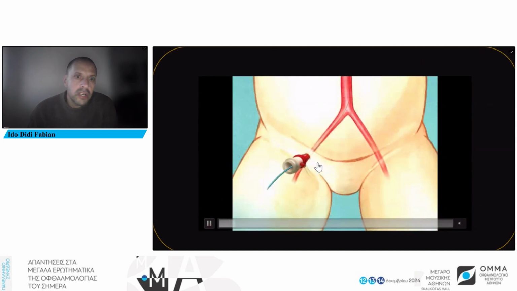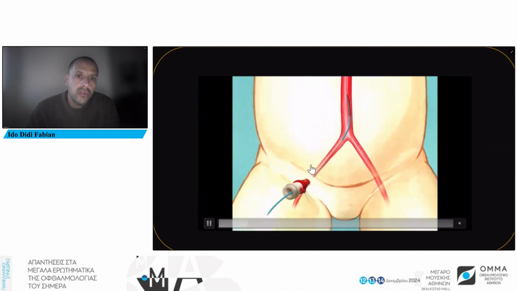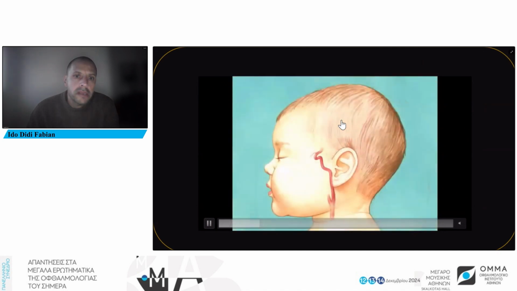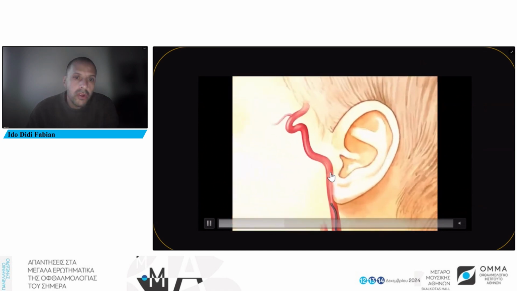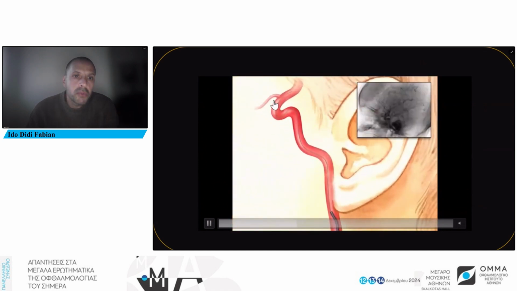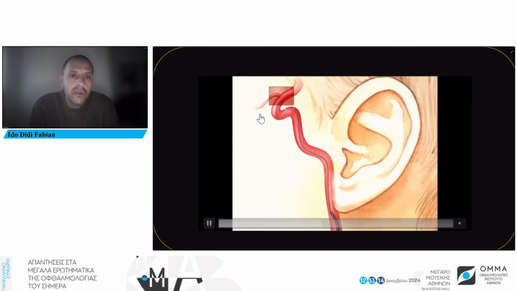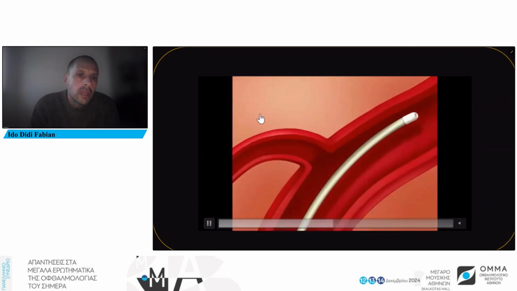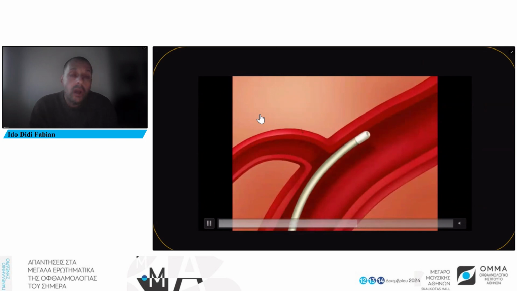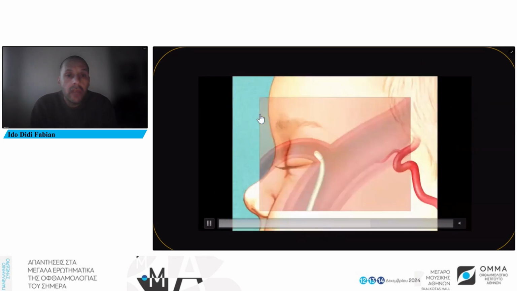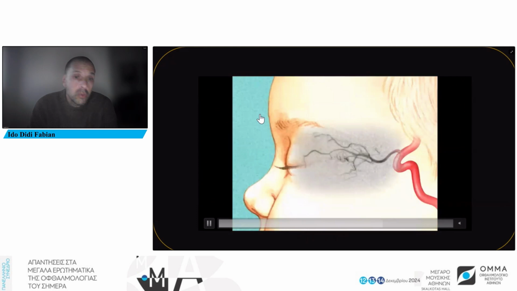So catheterization through the femoral artery, bypassing the heart, going into the internal carotid artery, a small catheter and microcatheter, and the first branch is the ophthalmic artery. And then under radiography, we inject specific types of chemotherapy. It's called targeted chemotherapy directly into the target organ, which is the eye.